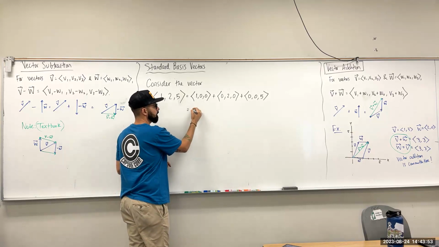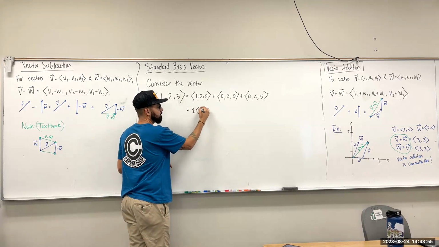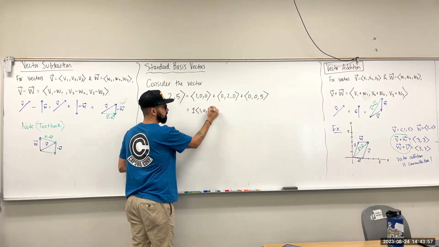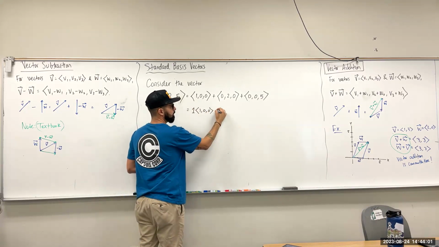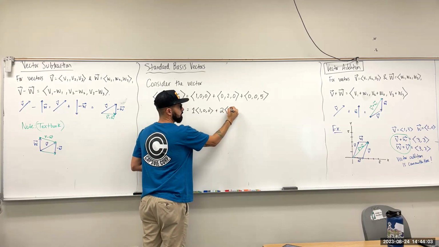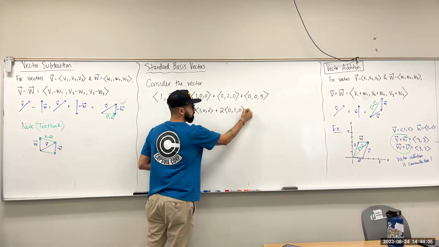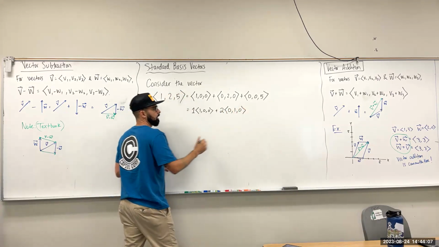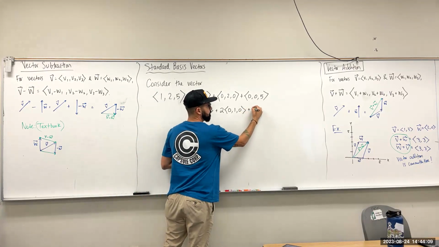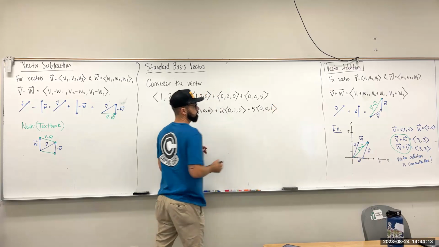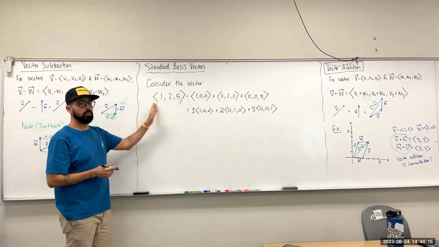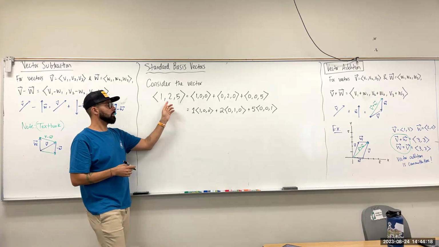So I can think of this vector as 1 times this vector here, which is just 1 times that itself. And then here, I can think of it as 2 times the vector 0, 1, 0. And then here, I can think of this vector as 5 scalar multiple with this vector here. And I could have done that to any vector depending on the components.